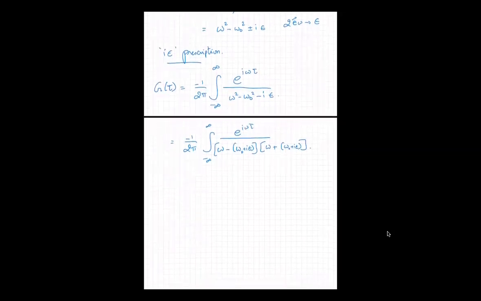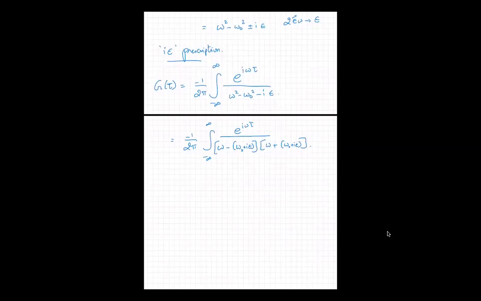If you expand the denominator out, this is a plus b times a minus b kind of deal. So this is a square minus b square, right? So this becomes omega square minus omega 0 square. And I'll throw away the epsilon square piece. So the cross term is basically minus I epsilon omega 0, which I will again call minus I epsilon.